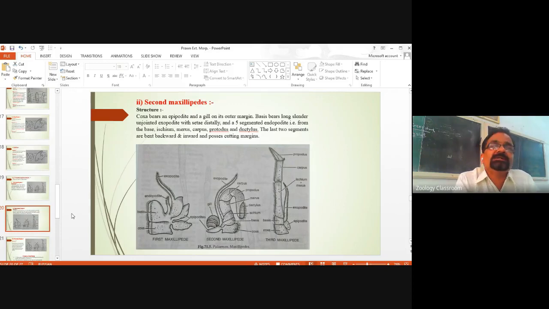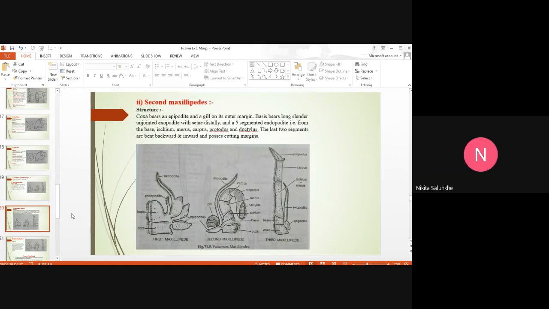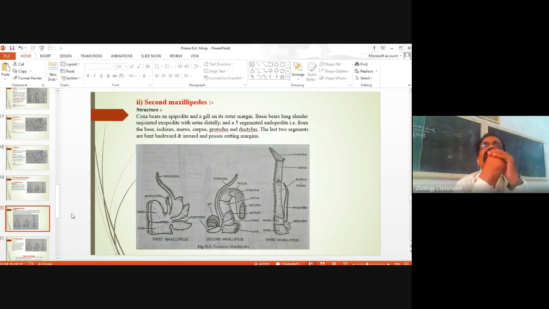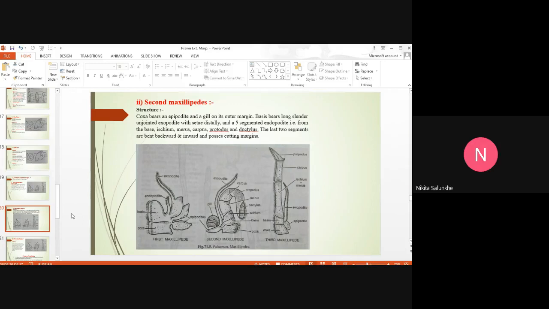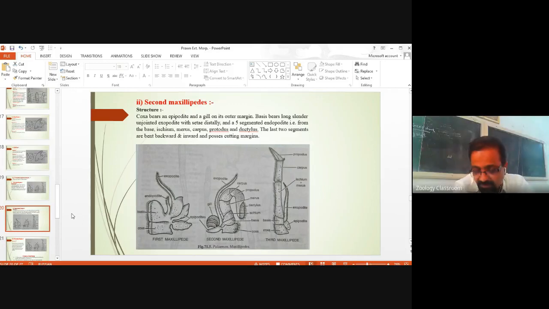The third leg in the case of female bears the female genital aperture. The male genital aperture is located on the inner side of the coxa of the fifth leg. Very good.